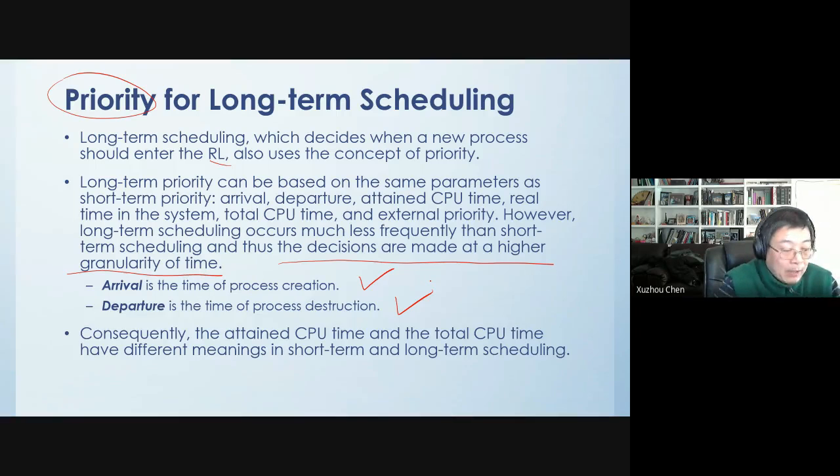At the arrival time, you change the state of a newly created process from new to ready. At the departure time, you change the state of the process that has completed its job to terminated.